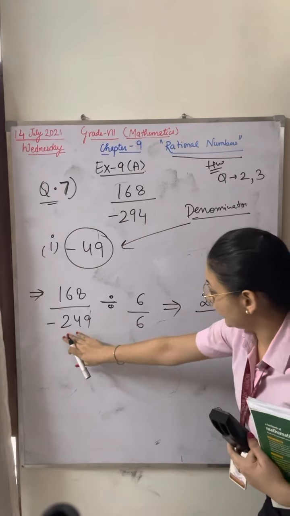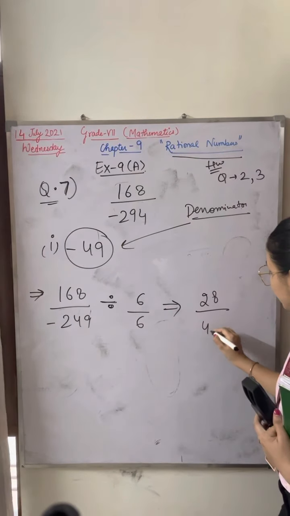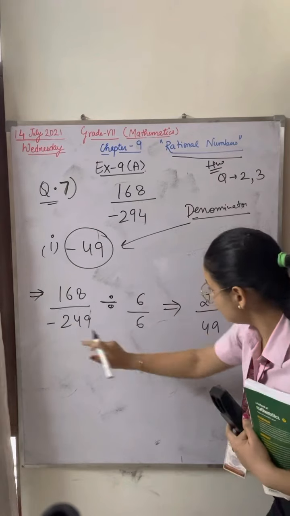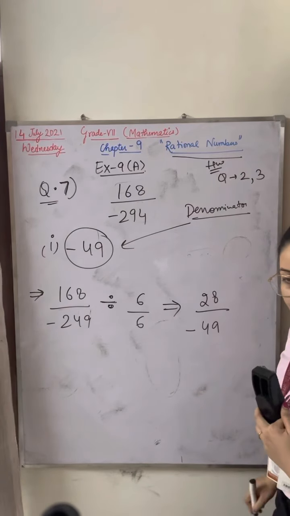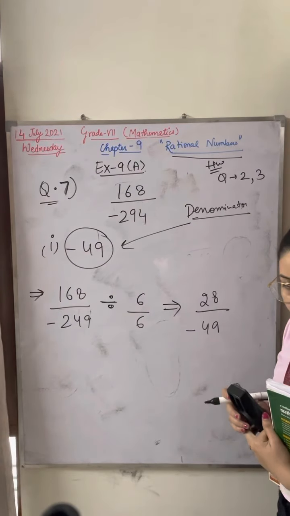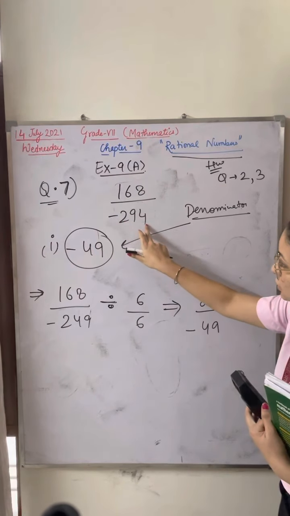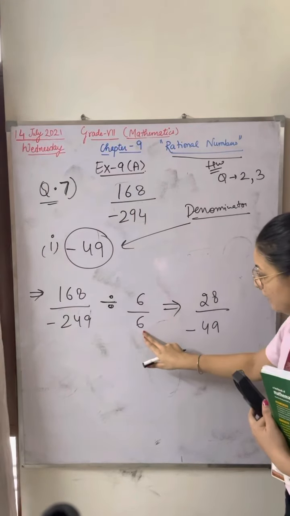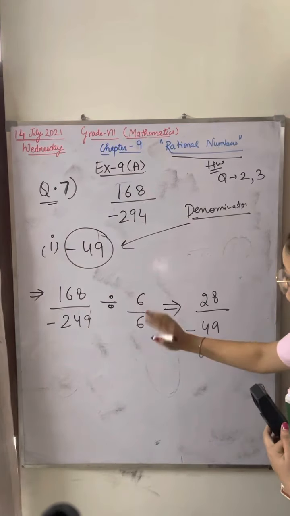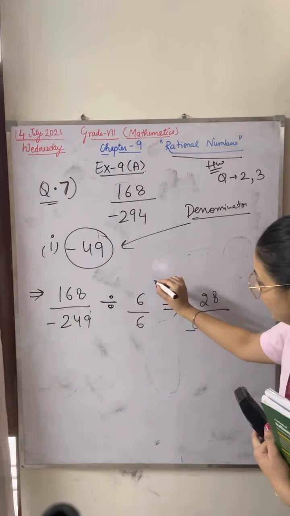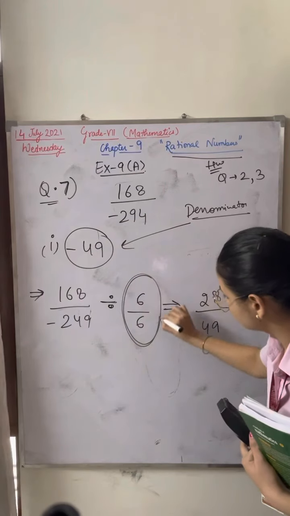And here 294 divided by 6, you will get 49. But you will get minus 49. So this is what you want. Your question was already negative. When you divide with 6, the answer again comes negative, so no need to put a minus sign here. So this will be your answer.